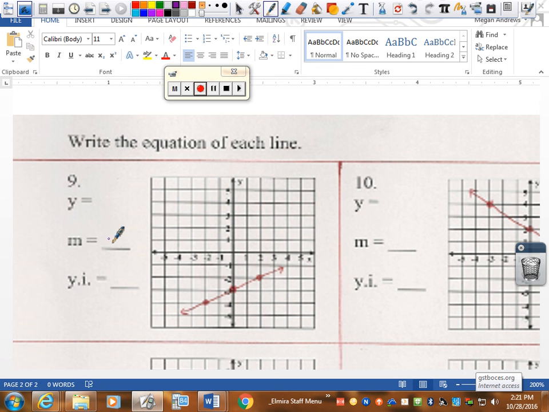I'm going to do M first. So connect a couple of dots. 2 across and 1 up and down. So the up down number goes on top, the side to side number goes on the bottom, rise over run, and it's an uphill line, so that's positive. My y-intercept is -3, so now I can write my equation. Y equals 1/2 x minus 3.